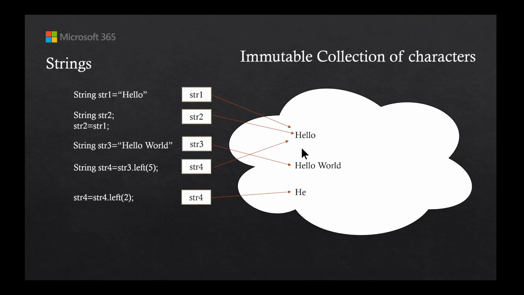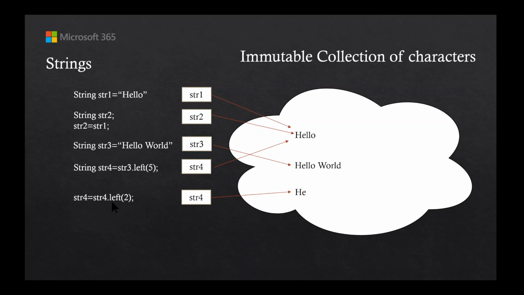To avoid that, strings are made immutable. So what I mean is, if I write this line after this where I'm trying to trim the value of str4 further, so from hello I'm trying to extract the last two characters, it will not really go and change this value. It's checking.